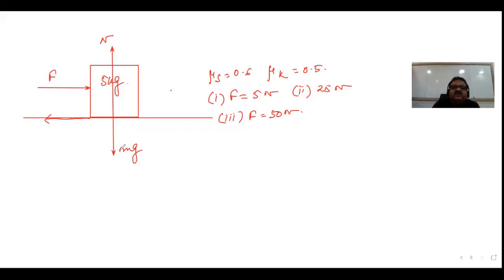First, let me calculate the value of the limiting friction. What is the value of Fs max? That is equal to mu s into normal reaction. In this case, the normal reaction is mg. Mu s is given 0.6, m is given 5, g is 10. So if I do the calculation, it is equal to 30 Newton.